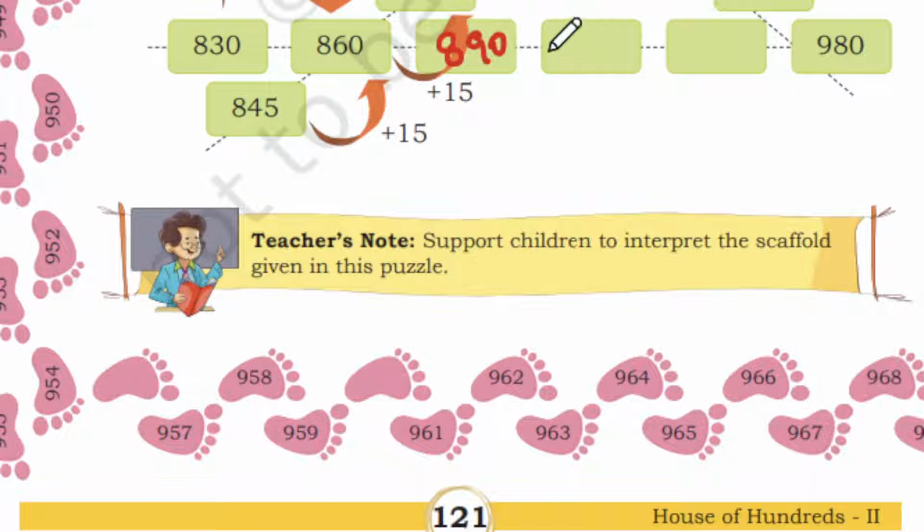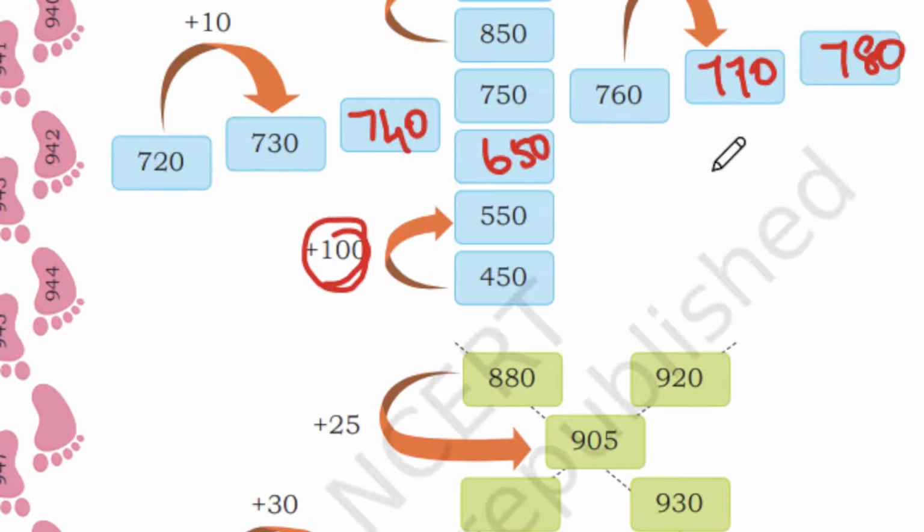Okay. So 890 plus 30 is 900, 910 and 920. So 920, 950, and 950 plus 30 is 980. Okay.